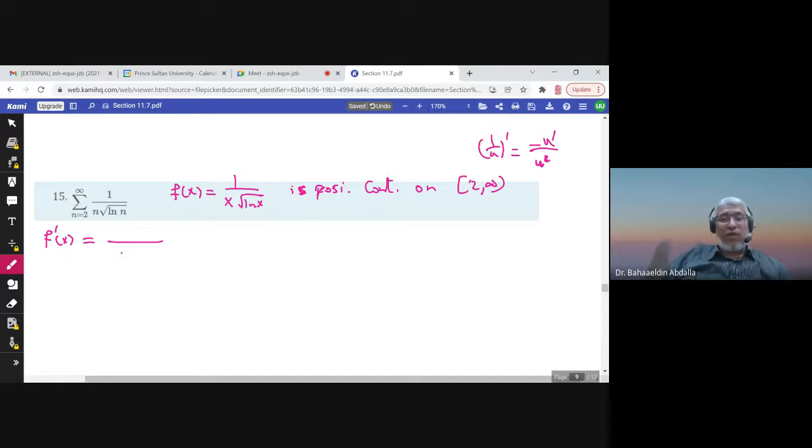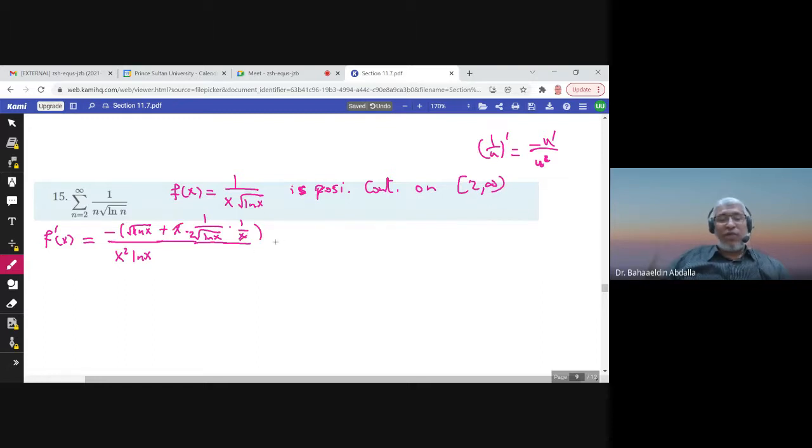So I'll have x squared times ln x, and I'll have negative the derivative. Derivative of x is 1. I'll use the product rule, plus x times derivative of square root of ln x, which is 1 over 2 square root of ln x times the derivative of ln x, which is 1 over x.